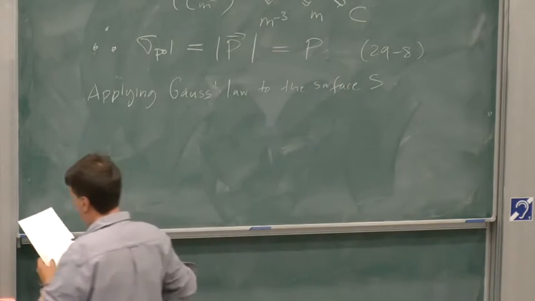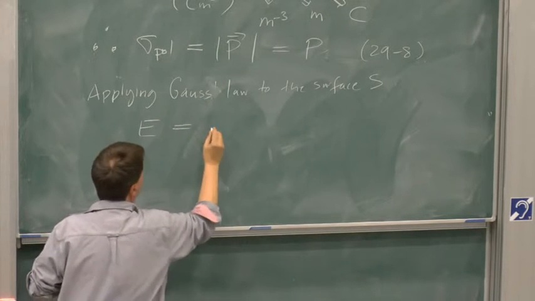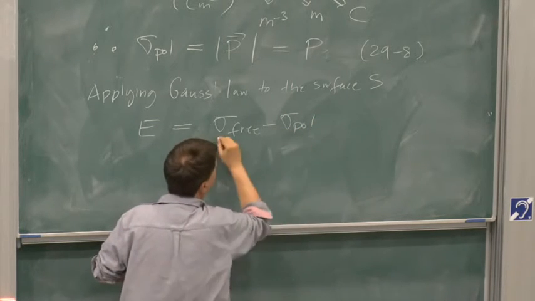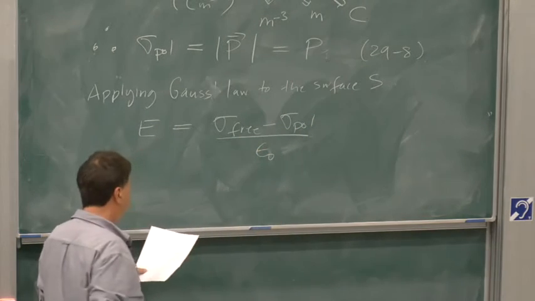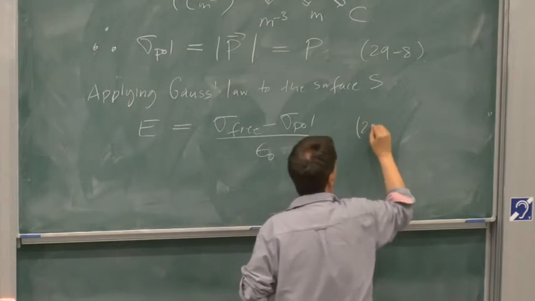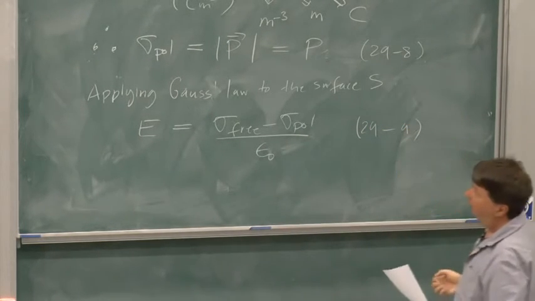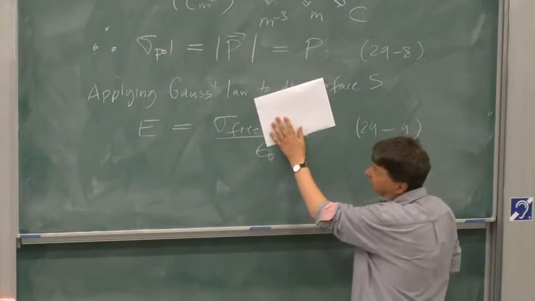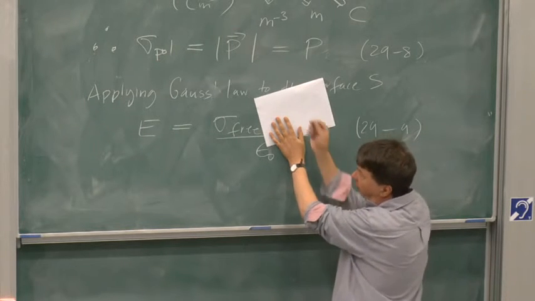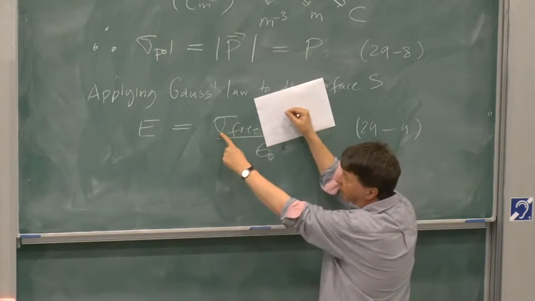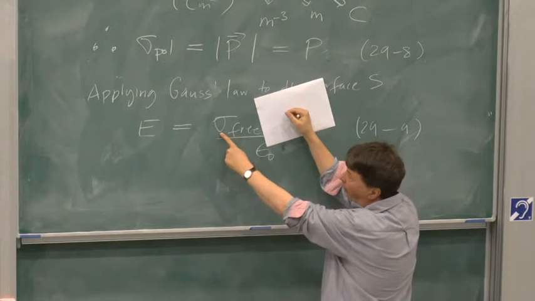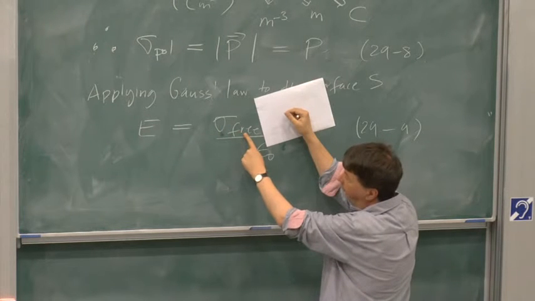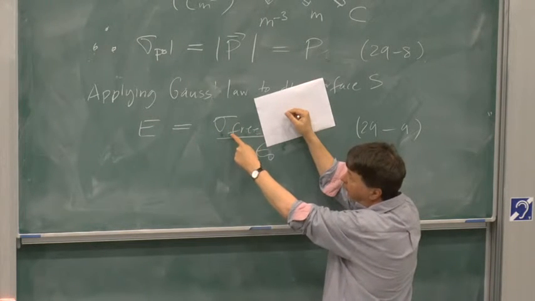we get that E is equal to sigma free minus sigma pole over epsilon naught. We could have broken that down into other stages, but again, I think that's absolute. Of course, when the sigma pole doesn't exist, we know the electric field inside the capacitor is sigma over epsilon naught. Previously, of course, we've just called this sigma because we didn't have to worry about anything inside the capacitor. We just had a vacuum in there. But now we've called it sigma free to emphasize it's the charges on the conductor.